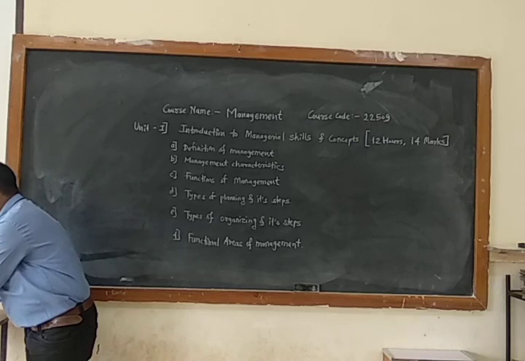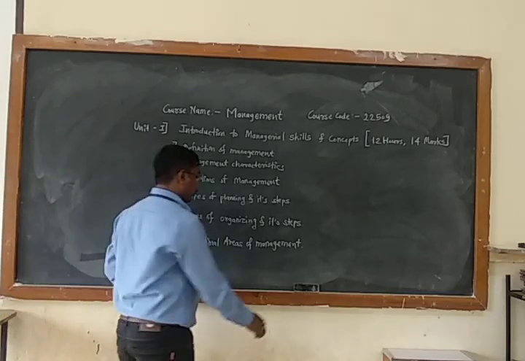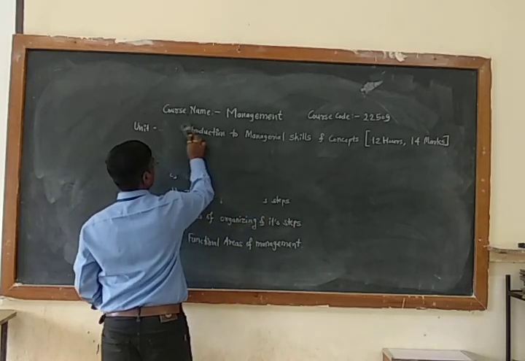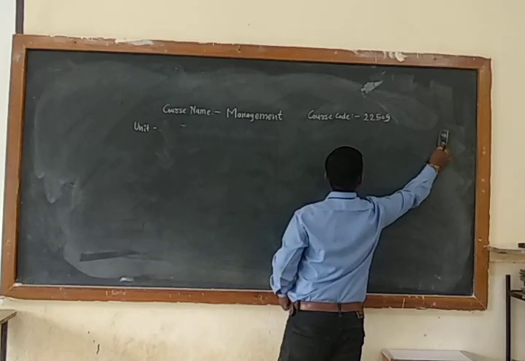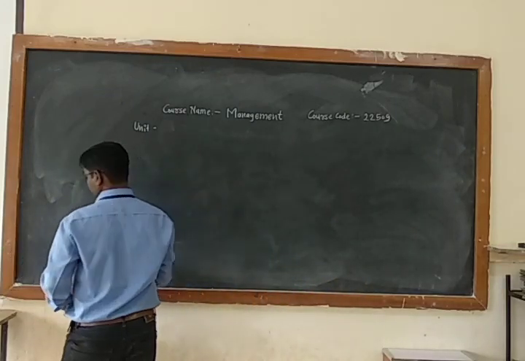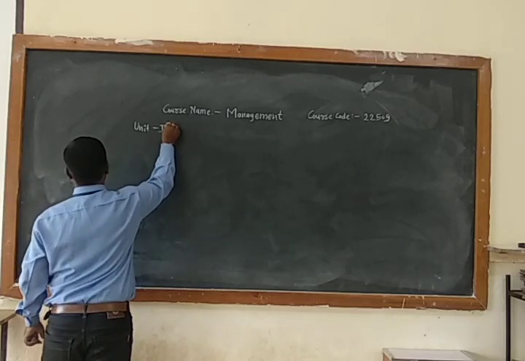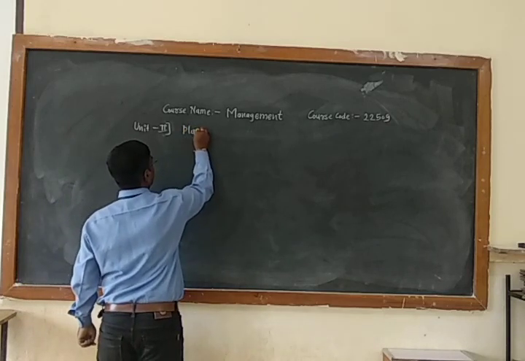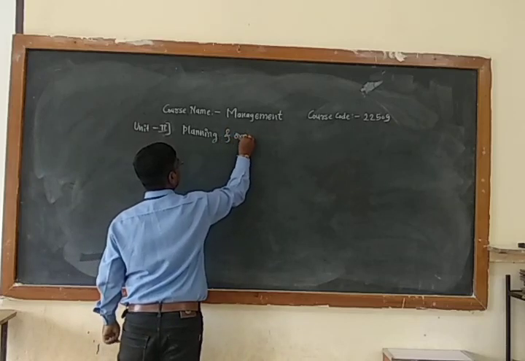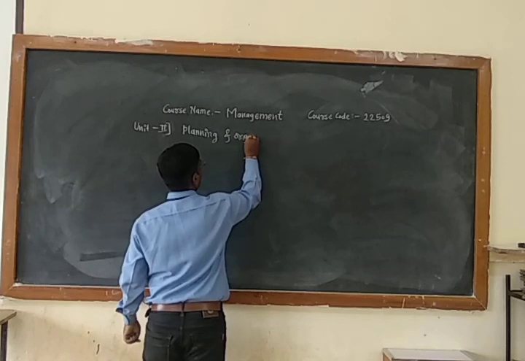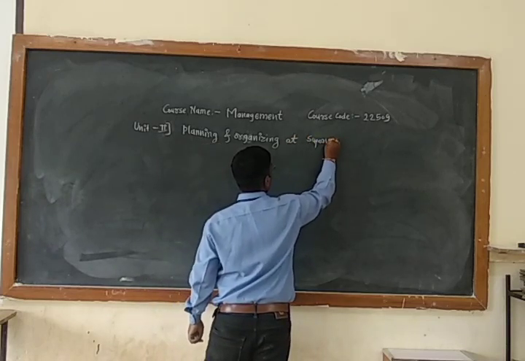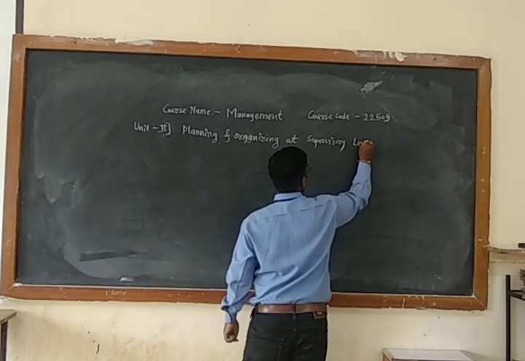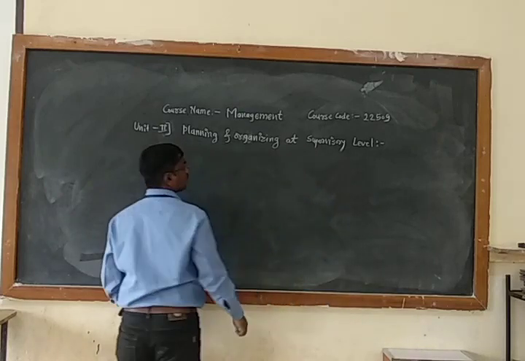Okay, so the second one, that is nothing but unit number 2. The unit number 2, that is planning and organizing at supervisory level.